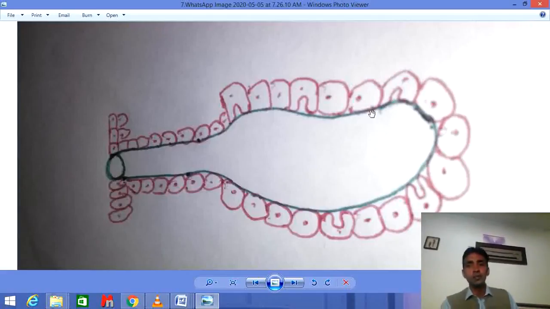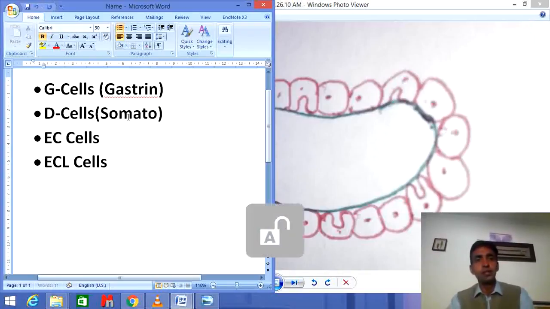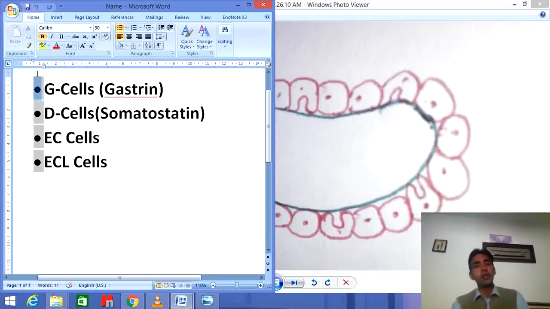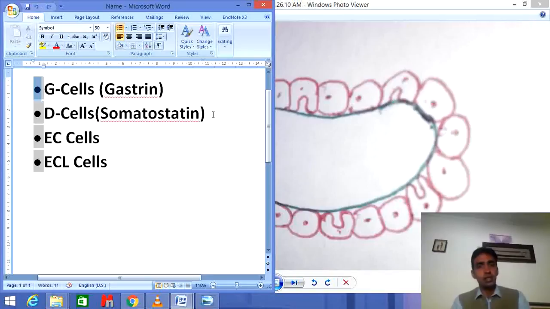Now the second one, the D cell is responsible for production of somatostatin. What is somatostatin responsible for?